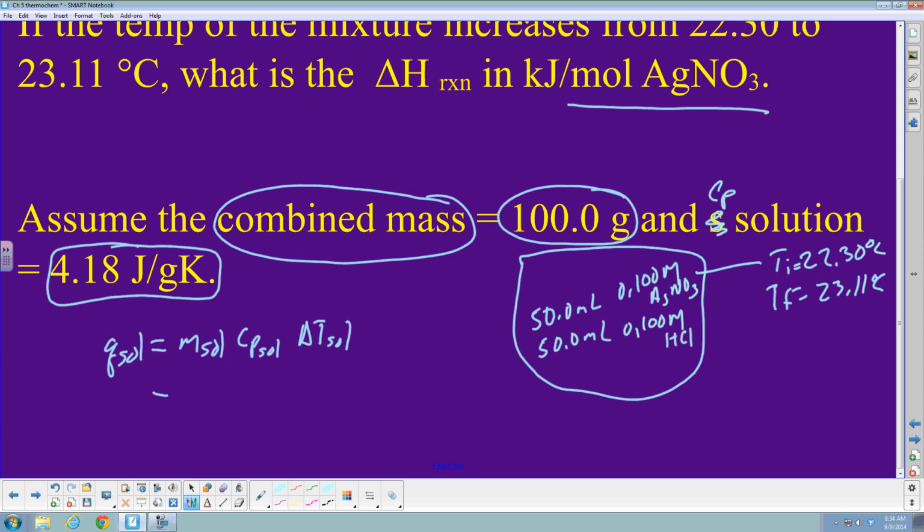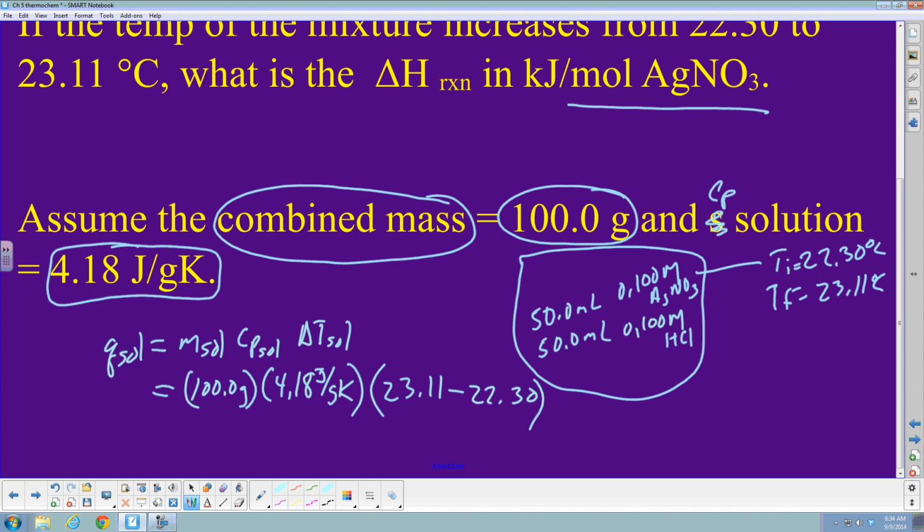Great. So what is mass of the solution? They give me that. I like it when they give me this stuff. 100 grams. The C sub P of the solution is 4.18 joules per gram Kelvin, and the delta T of the solution is 23.11 minus 22.30, right?